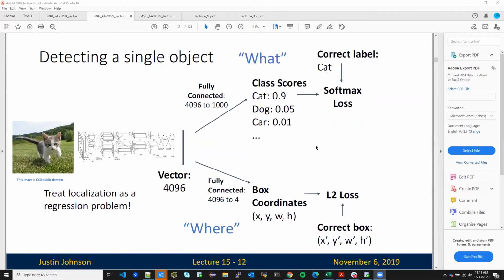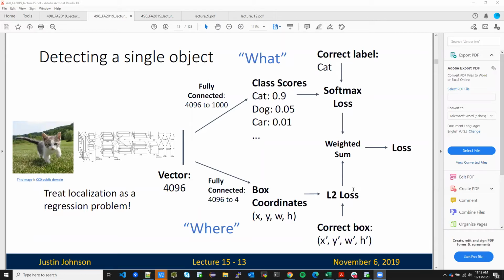To predict the location, since you have to predict 4 values, the 4 coordinates, you consider this a regression problem. Now your ground truth has the correct positions too, so if you have your predicted coordinates and the actual position of the box, you can measure some loss. Here he talks about an L2 loss.